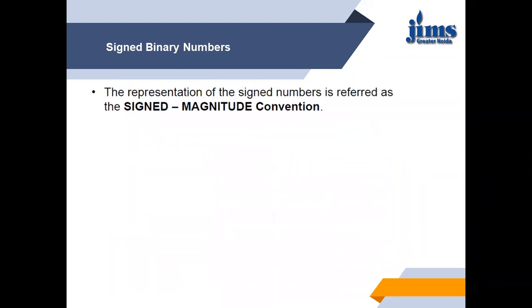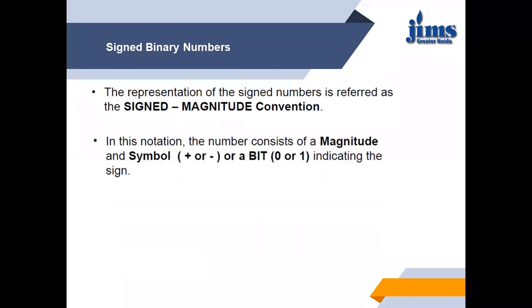Now suppose the representation of a signed magnitude number is referred to as the signed magnitude convention. In this notation, the number consists of a magnitude and a symbol, either plus or minus, or a bit 0 for plus and 1 for minus.